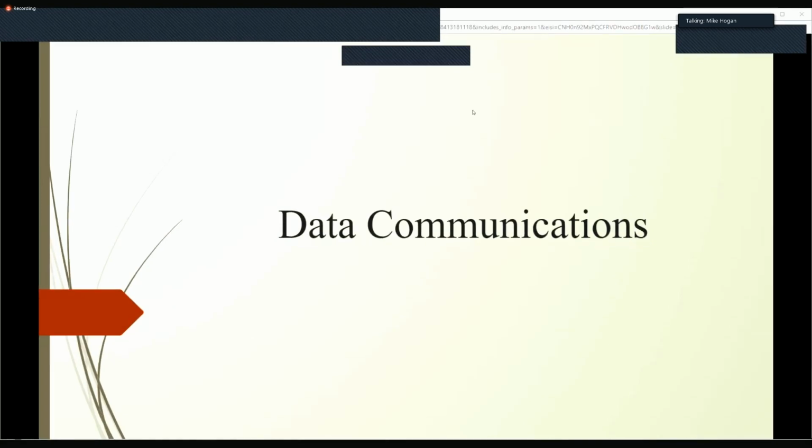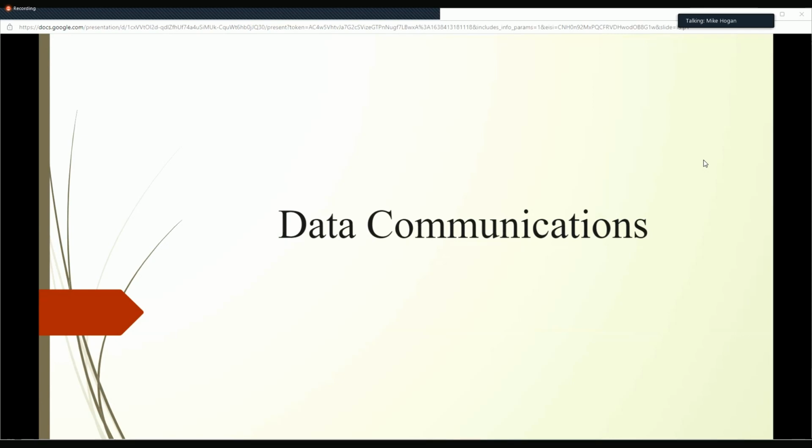All right, so let's take a look at data communications. The good news is we've gone about as deep as we're going to go in terms of gates and flip-flops, and so now let's just step back and shift a little bit, still related to the same topic, but change our focus just a little bit.